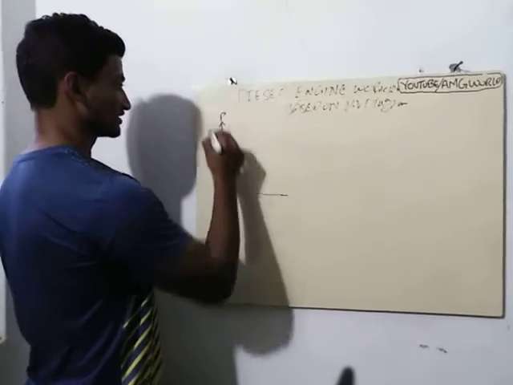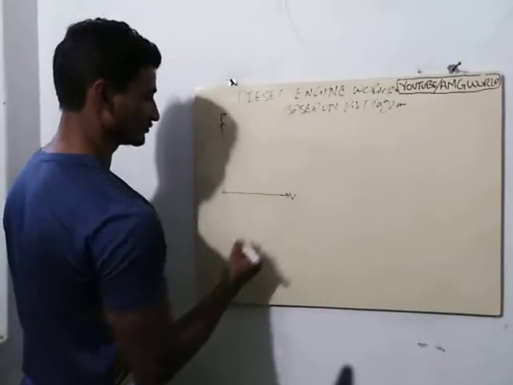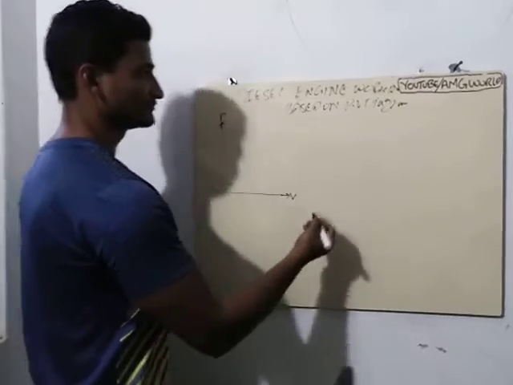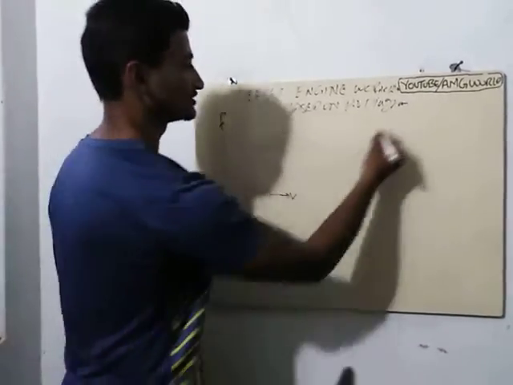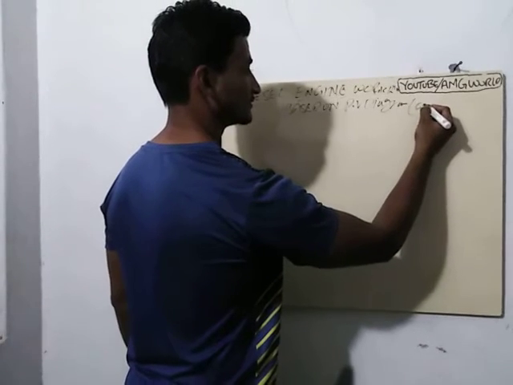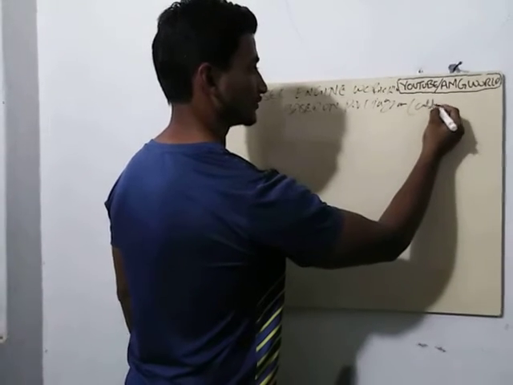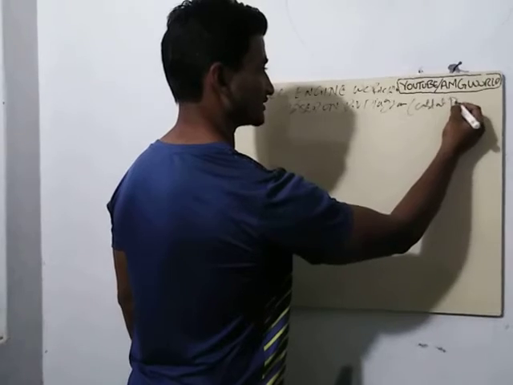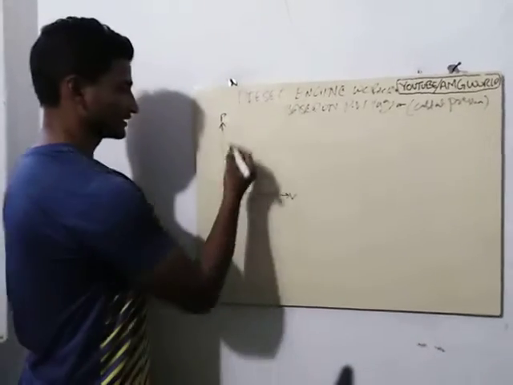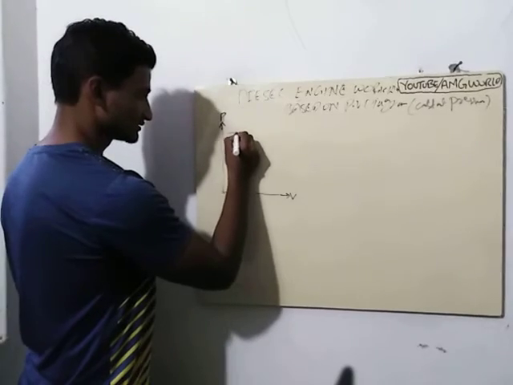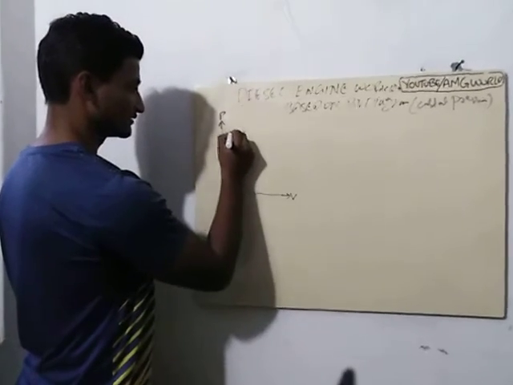Here this one is the pressure axis and this one is the volume axis. This particular diesel engine cycle is also called a constant pressure process. Here comes the constant pressure line, right?